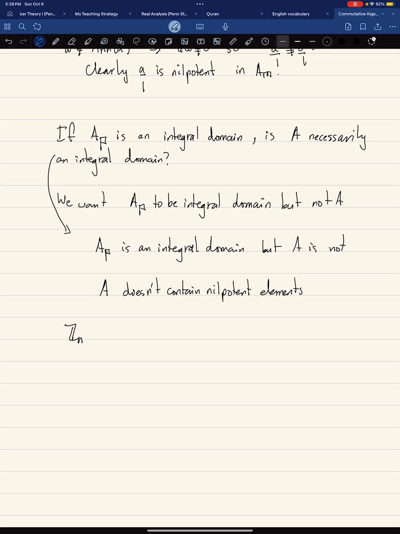I think if you take n to be a product of distinct primes, then Z_n does not have nilpotent elements.